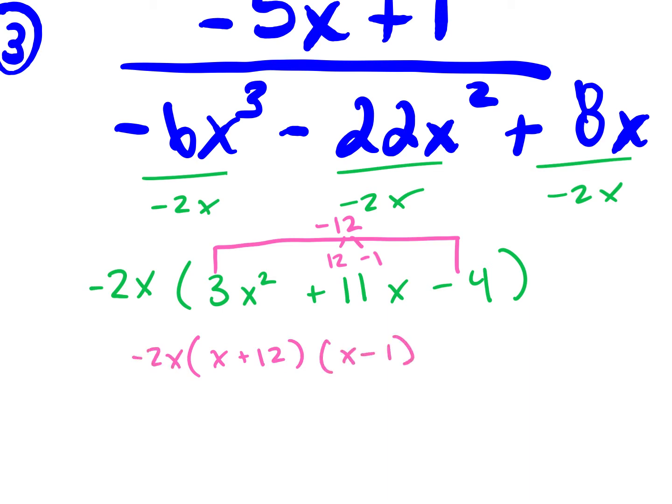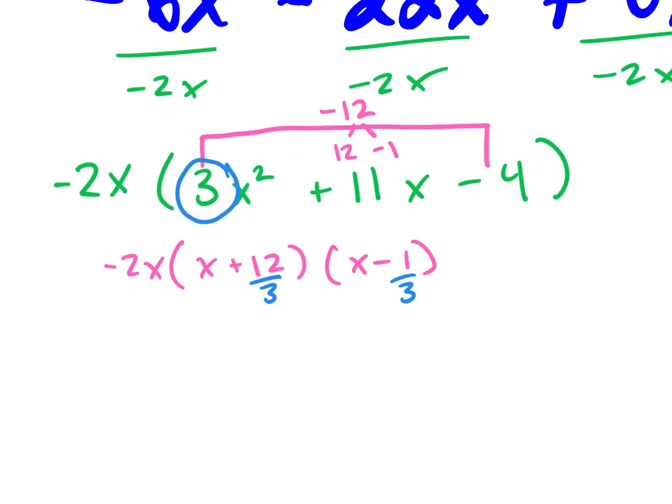That negative 2x stays on the outside. What do I have to do next? Divide by 3. Since I started by multiplying, I have to make sure I go back in and divide. So this is negative 2x times x plus 4.